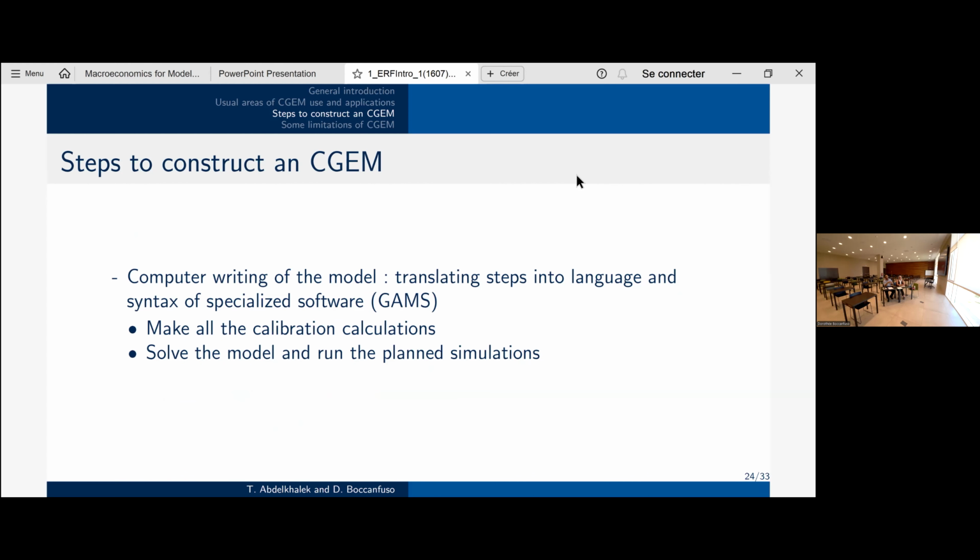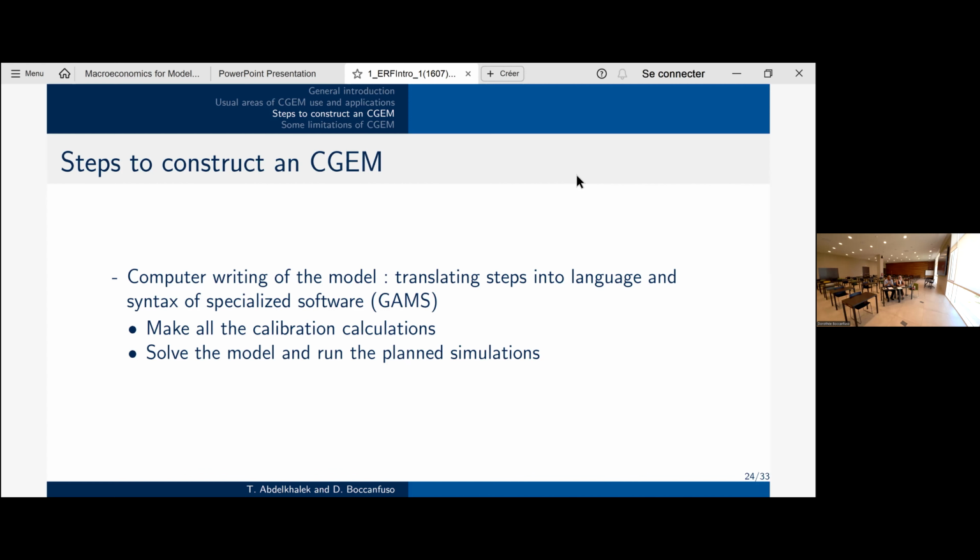After that, when we are sure that we can go ahead, we have to use software, because generally we have 100, perhaps 1,000, many equations, and we have to solve them. It's clear we have to use software, and we have to know how to translate our model into the software we are using. Now we can use GAMS.